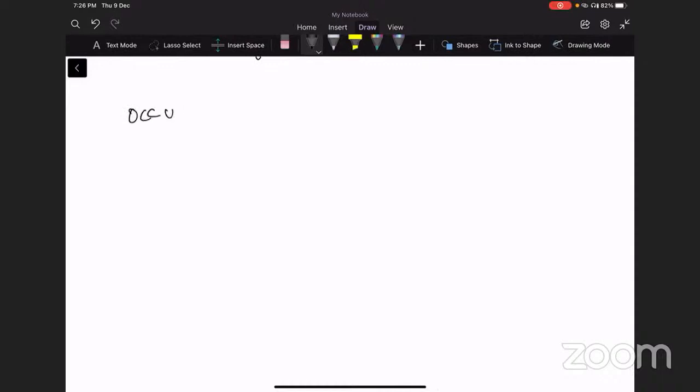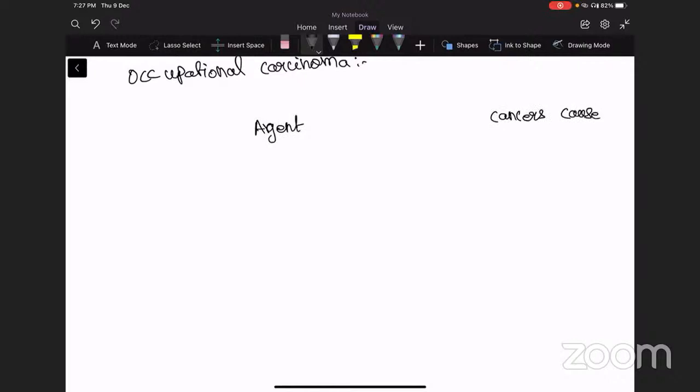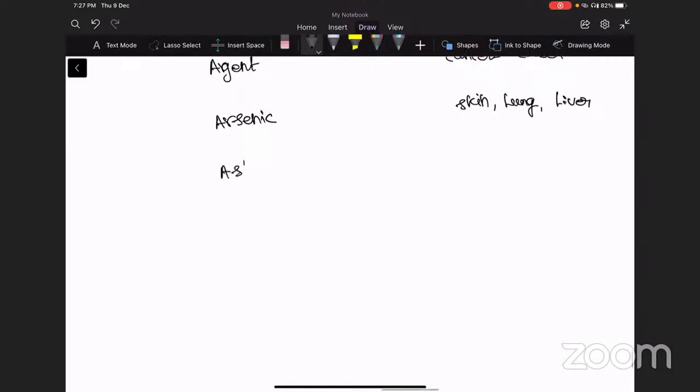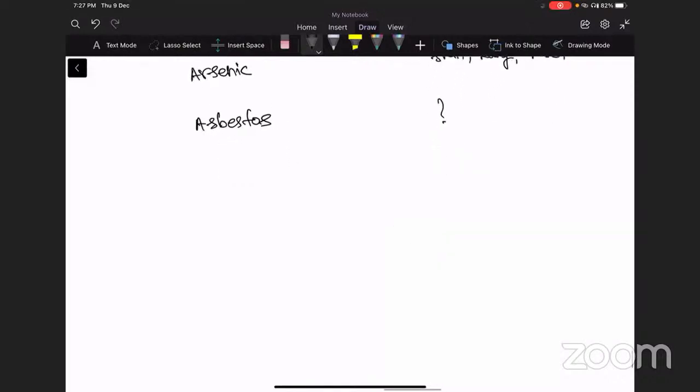Next, we'll see about some agents causing occupational carcinomas. Arsenic causes skin cancer, lung cancer, and liver HCC. My question is, asbestos causes what cancer?